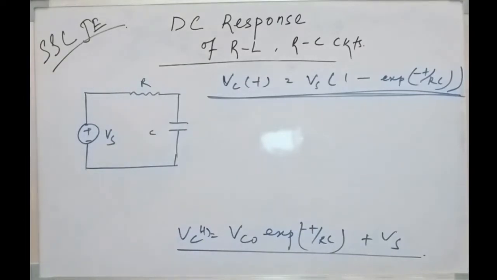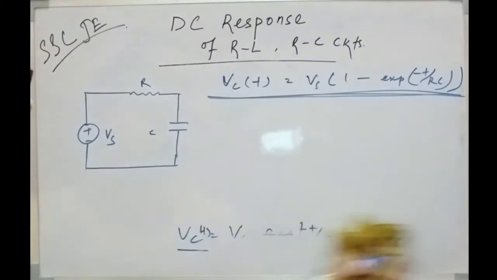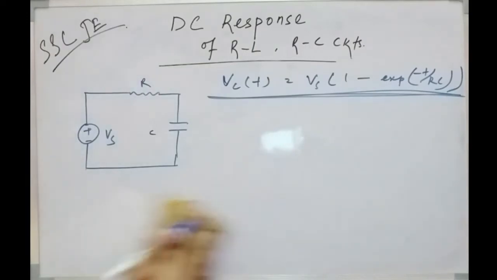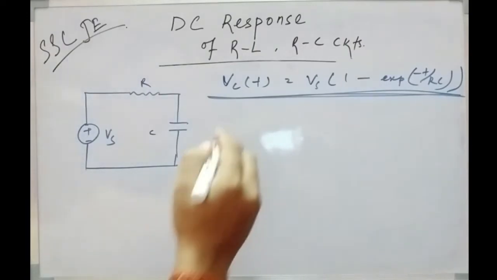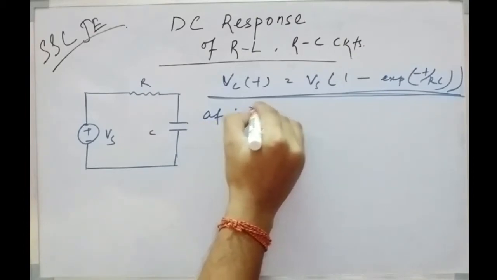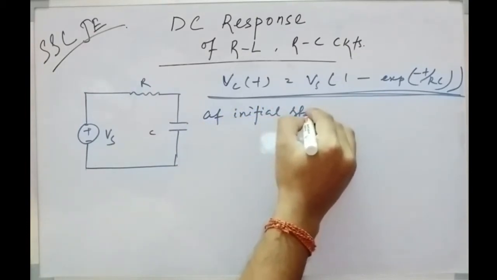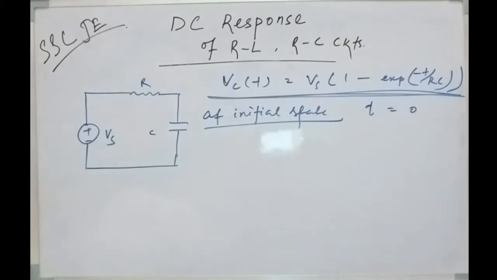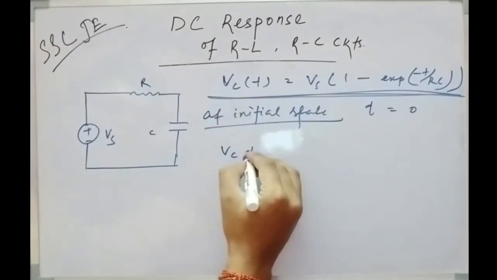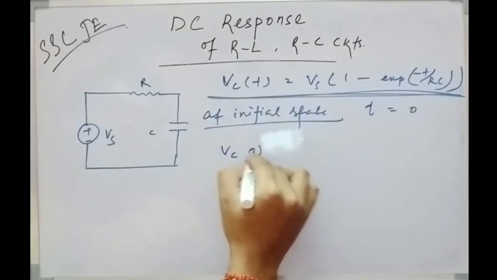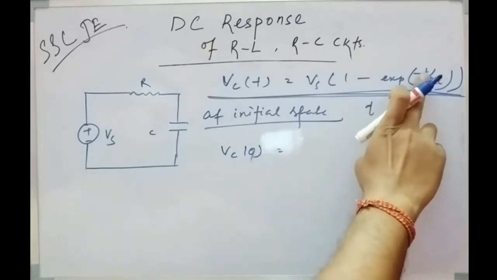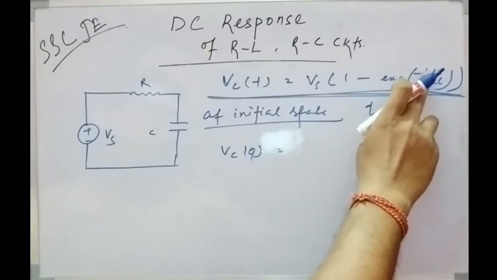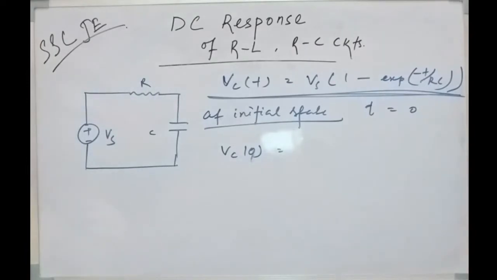Here we are going to take two cases: one is the initial condition and another is the final condition. At the initial state, that means t equals 0, you get Vc naught. Putting t equals 0 here, exponential of 0 is 1, and 1 minus 1 is 0.